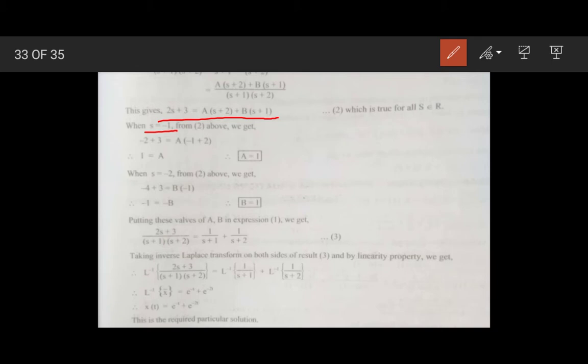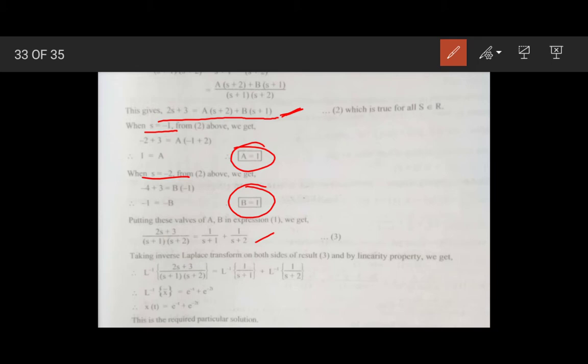By putting s as minus 1 in this equation, we get A as 1. Now we put s equal to minus 2 and we get the value for B. So B is 1. Then we substitute A and B to get the partial fractions. After getting this partial fraction, step 3 is completed.